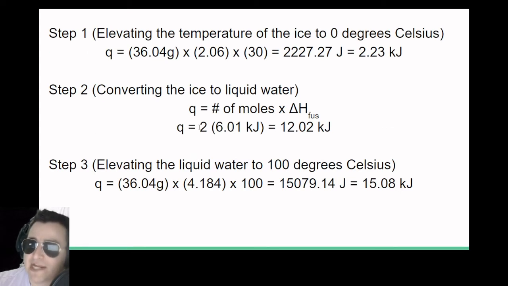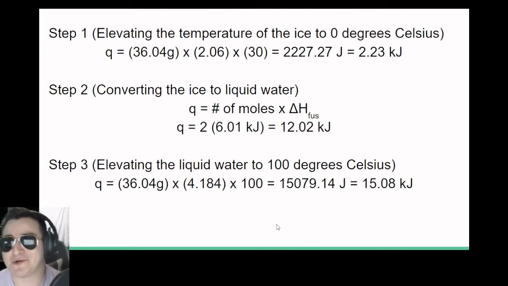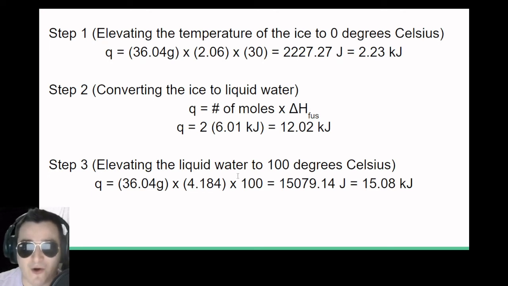And because we have precisely 2 moles of water, simply 2 times that value is how much energy that step is going to require. Step 3 should look very familiar to us because we were almost always working with liquid water in our first level of chemistry. So this 4.184 might even be something that we still recall. So this, once again, is exactly the same as step 1.